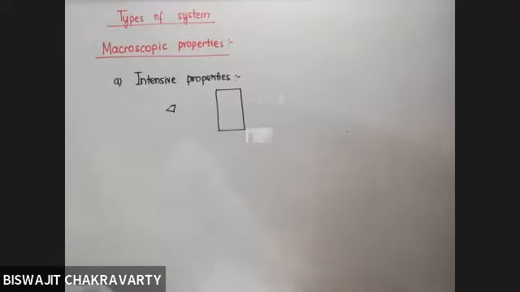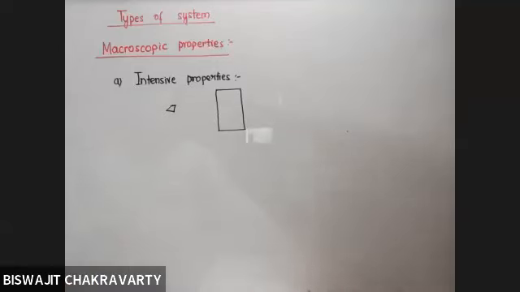So obviously it will remain the same no matter whether you are taking a small piece of glass or a large piece of glass. Refractive index is an intensive property which depends upon the nature of the substance, but not upon the amount of the substance.